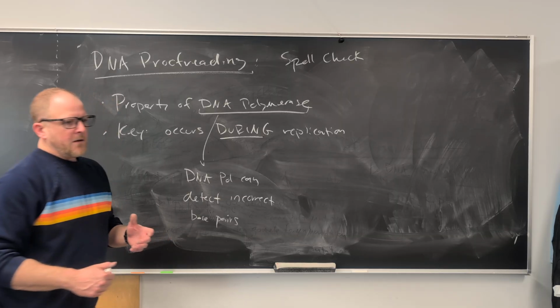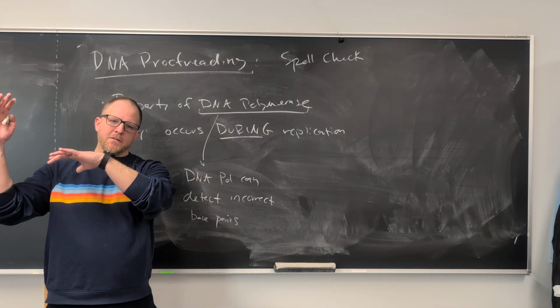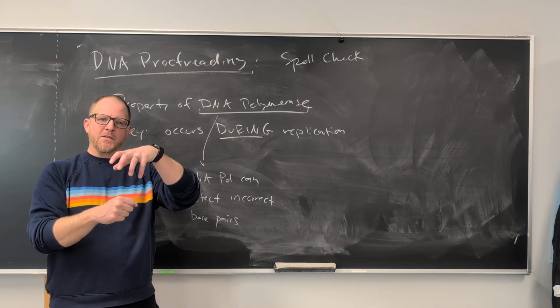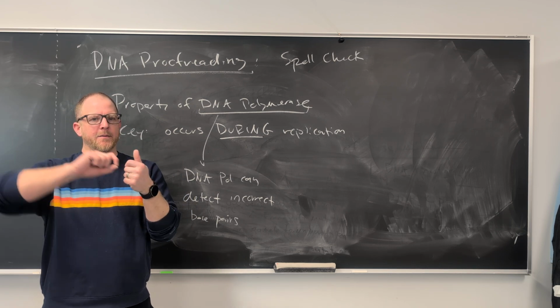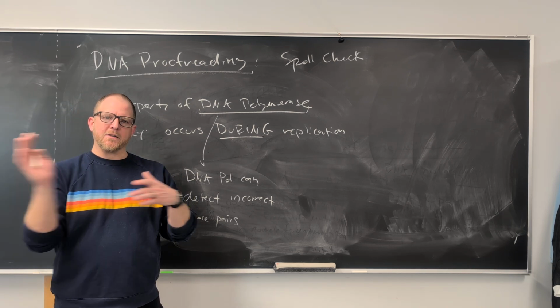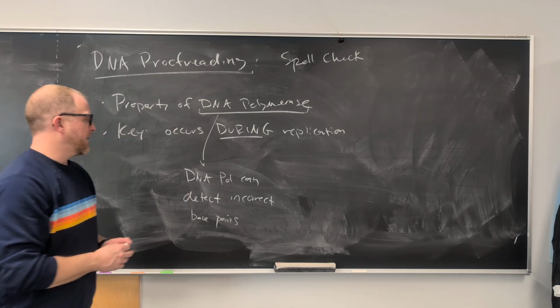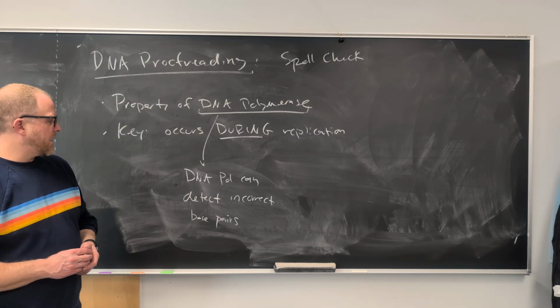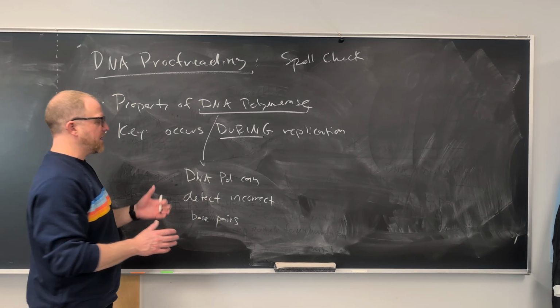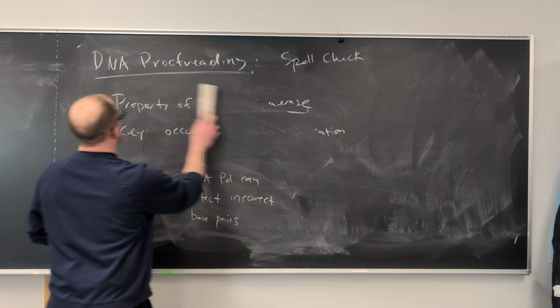If, as DNA synthesis is occurring, the wrong base pair gets incorporated, DNA polymerase can detect that, pause, eliminate that wrong base, and then resynthesize to fix that mistake. Again, this is an inherent property of DNA polymerase, because DNA Pol can detect incorrect base pairs. So let's get into that a little bit and draw out the mechanism.